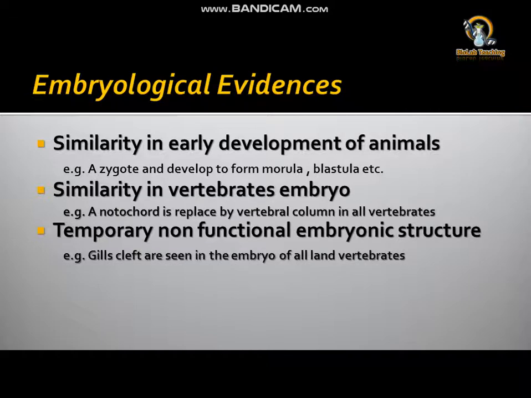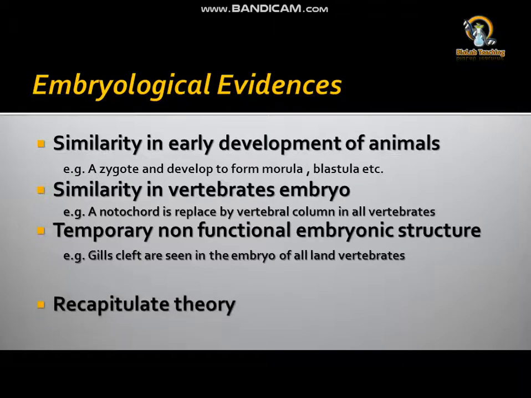For example, gill clefts are seen in the embryos of all land vertebrates, not present in adults but present in embryonic stages. Another example is the tooth buds present in the embryos of toothless swans and whales. So it is also evidence in favor of evolution.